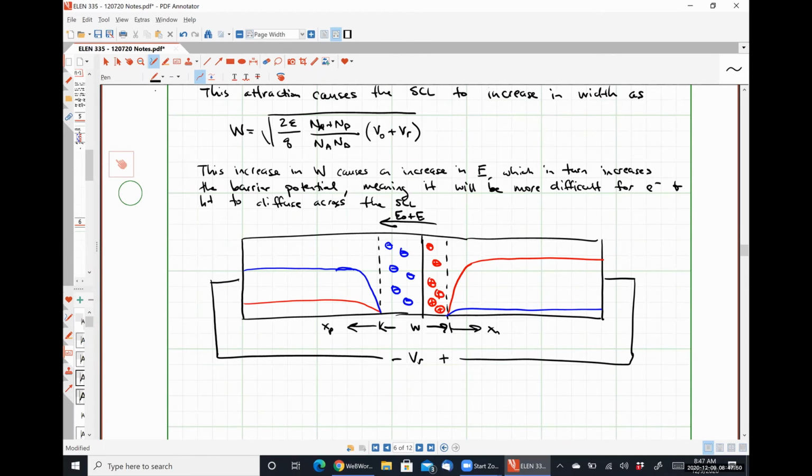So this is what's known, so let me write this down. So we have electron diffusion in this direction, hole diffusion in this direction, and this process is what's called minority carrier extraction. So in forward bias, our current is due to minority carrier injection. In reverse bias, our current is due to minority carrier extraction.